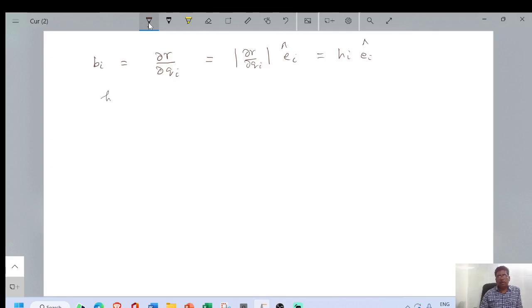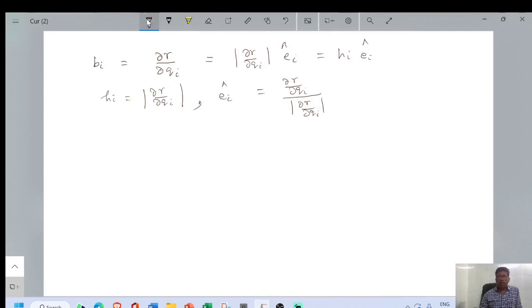Here h_i equal to modulus of ∂r/∂q_i, then e_i cap equal to ∂r/∂q_i whole divided by modulus of ∂r/∂q_i.